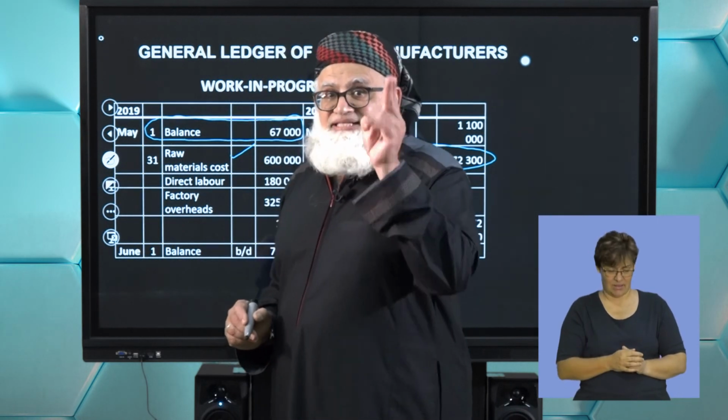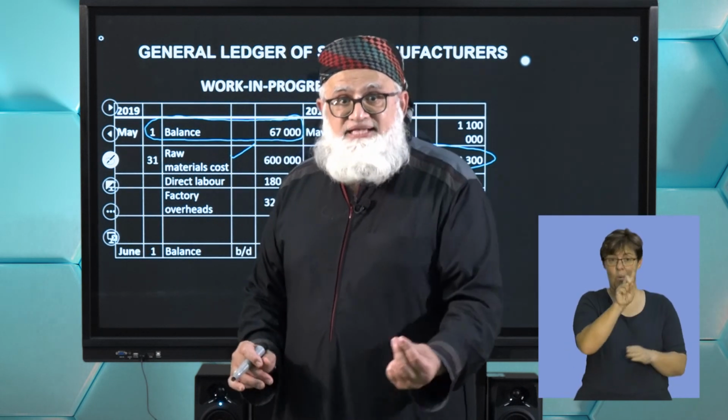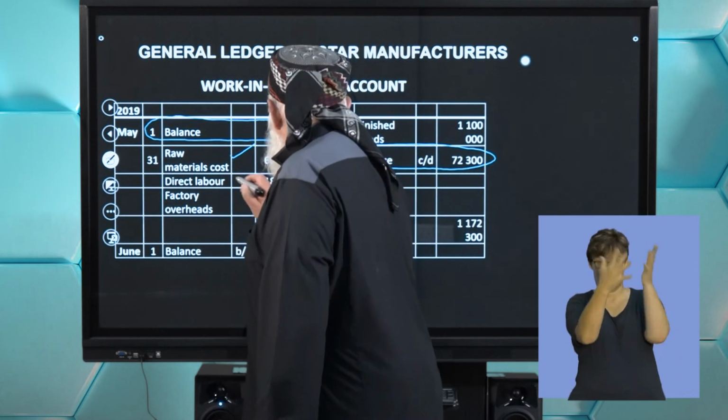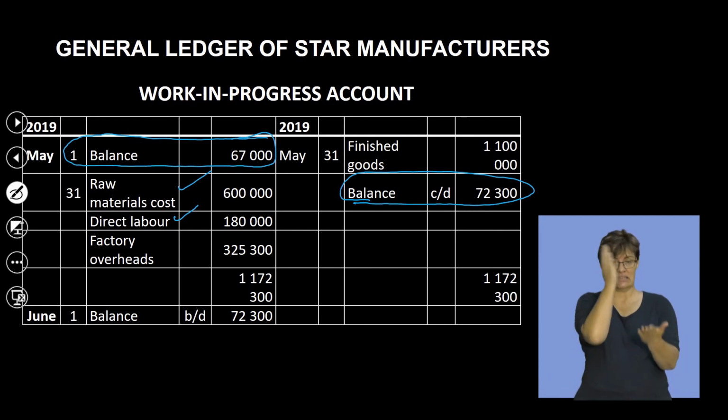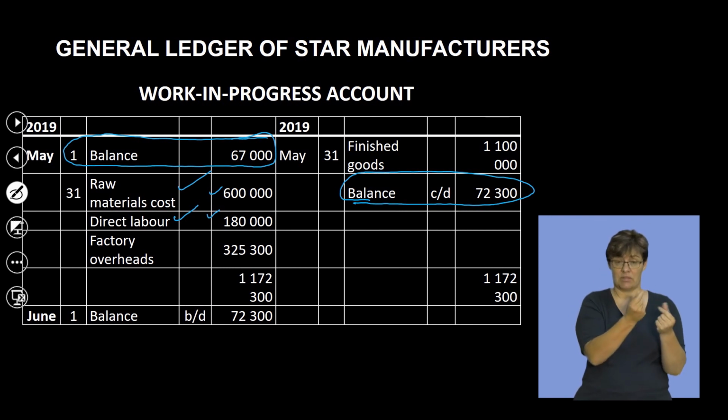Then we've identified our direct labor as the 180,000 rand. So therefore, we got our direct labor, 180,000 rand. Clear? So we've already got the two components making up the article. Remember, it's direct material plus direct labor plus factory overheads.